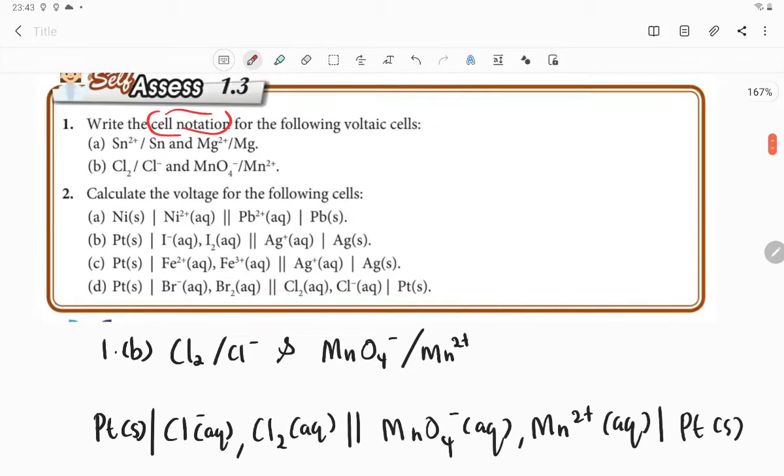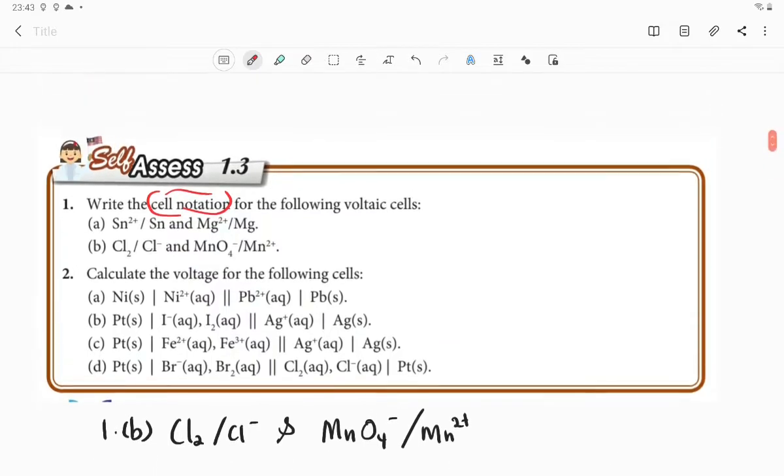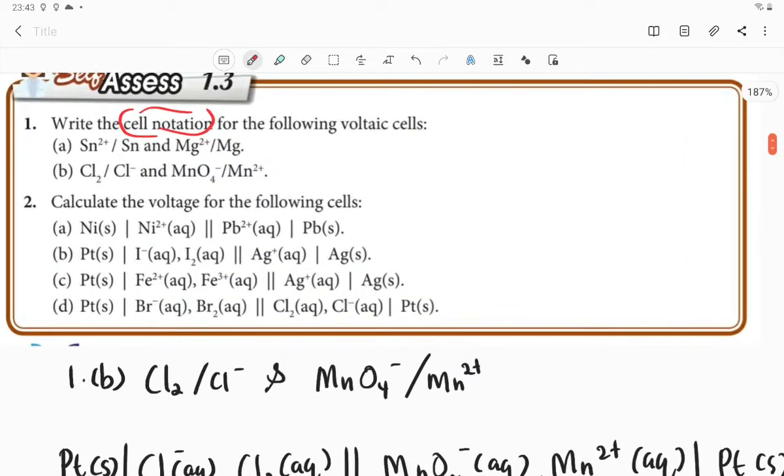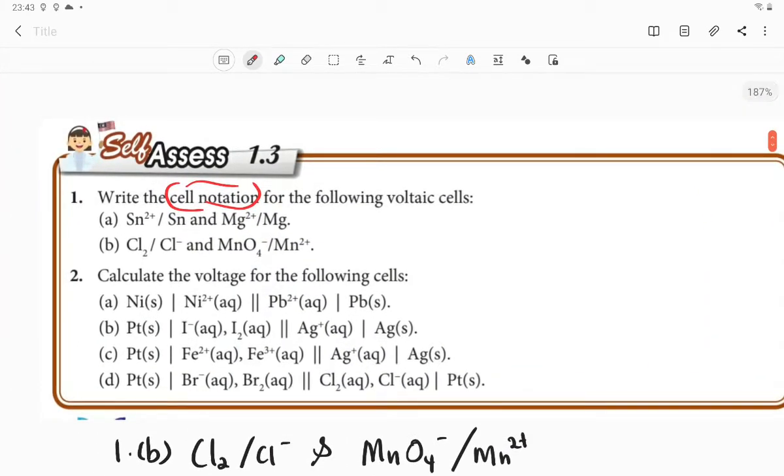Okay, so that is for half cell that use metal electrode. But take a look at another example that confuse all the student.